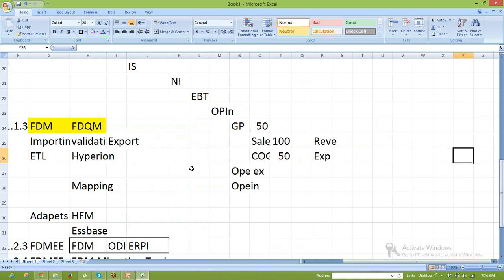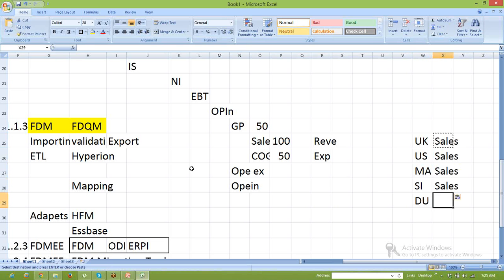Say for example you are loading sales, not only for a single entity. You need to load the data for UK, US, Malaysia, Singapore and Dubai, likewise for each entity. You may have one ultimate parent, which is the reporting or legal structure.